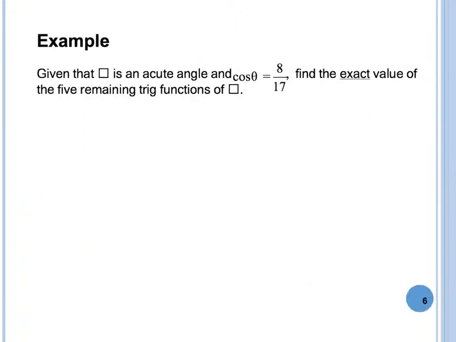Now I have no idea what angle, oh, I guess it was theta. Okay, given that theta is an acute angle, the cosine is 8 over 17. All right, so cosine, here's my somewhat drawn to scale triangle. Here's theta. Cosine tells me adjacent over hypotenuse. So I need to go find the missing side.